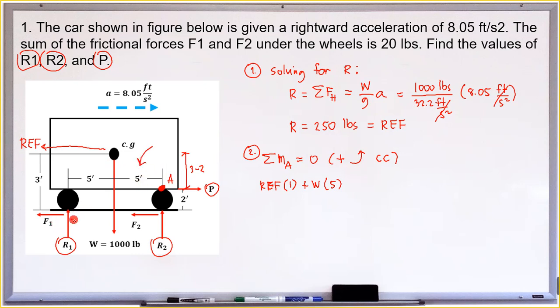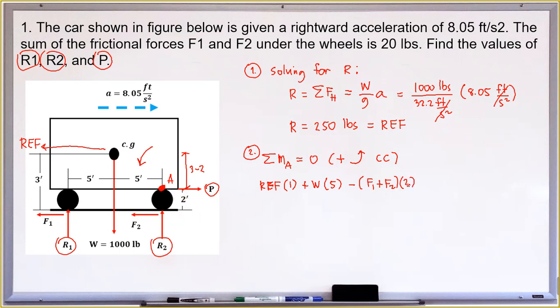Now, for the frictional forces kaning duha, so opposite sila, so that is why subtraction sila duha, no? So minus F1 ato sila sum up because they have the same moment arm, that is 2 feet, because the distance of the line of action of both the frictional forces are equal to 2 feet, no?